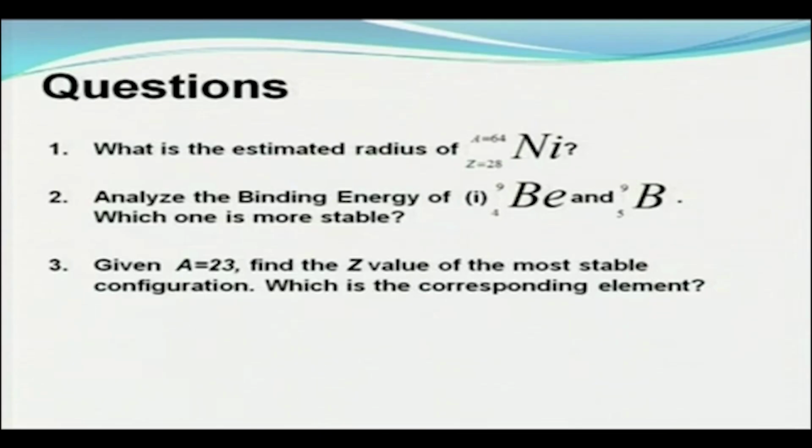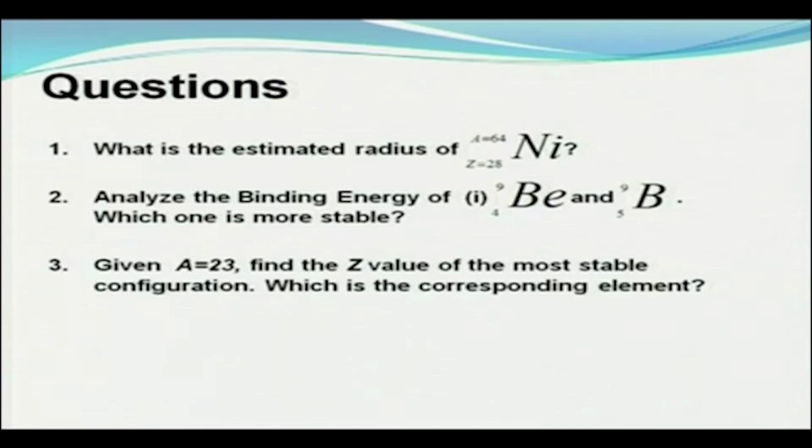And then we again discussed the binding energy in detail. So, here is a question related to that. You take two nuclei with mass numbers the same, A equal to 9 in both cases, but Z number is 4 and 5. One is boron, other is beryllium. Which one is more stable?